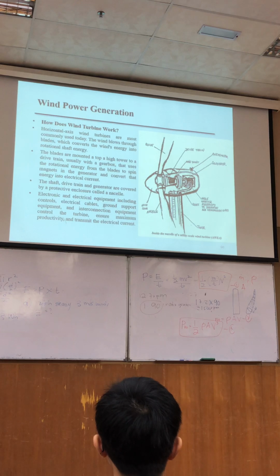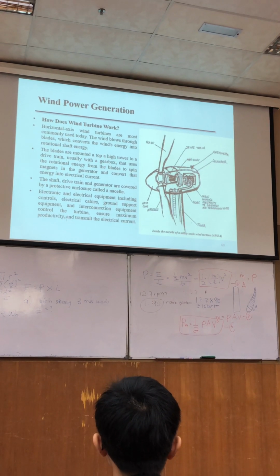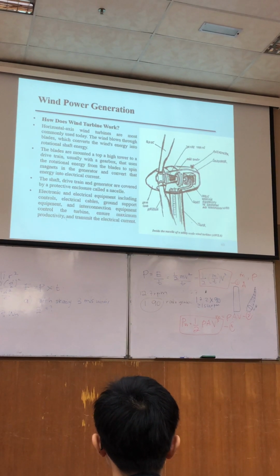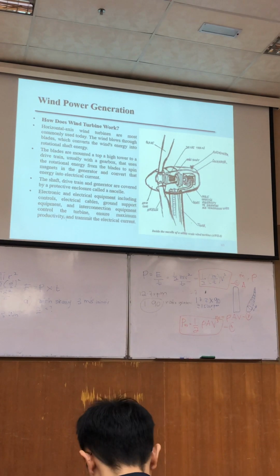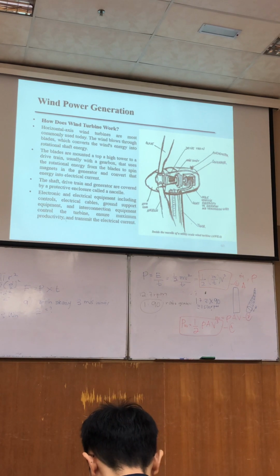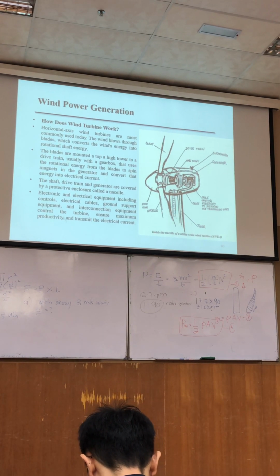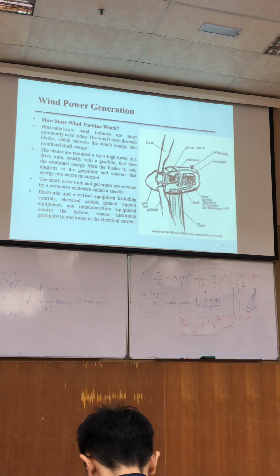So what is the function of anemometer? Apa function? What is the function of anemometer? Velocity sensor. It measures the wind speed and the direction of the wind. Dia measure dua benda tu. Anemometer ni macam yang kita guna untuk kaji cuaca. Velocity sensor.